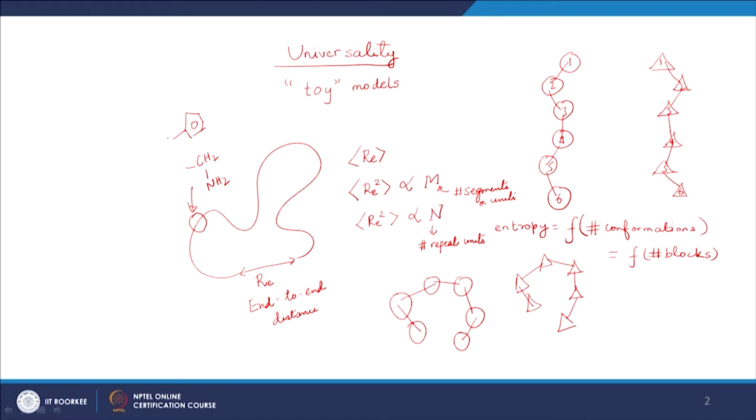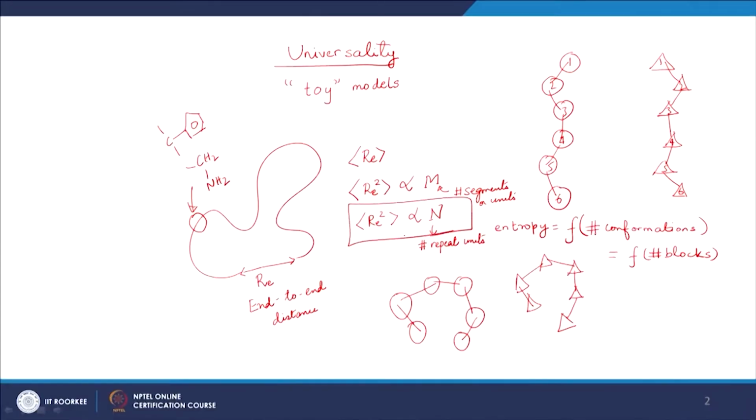It does not really matter to us how the polymer chain is being formed, as long as it possesses certain sets of features. For example, this is the behavior that we see in many polymer chains, which we refer to as the ideal chain behavior, and that we can also get from toy models. Okay. So, this is one reason for doing polymer physics.